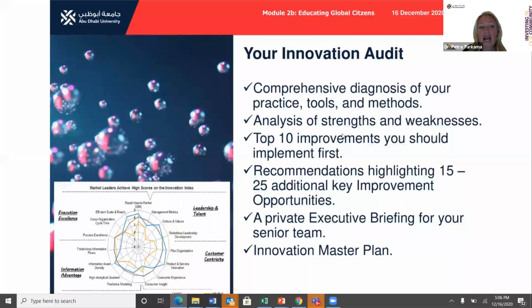So the innovation audit, as we remember, was a comprehensive diagnostic of your practice, tools, and methods. It is not only about technology, not only about processes, not only about skills or practices, management models; it's all of these things coming together.